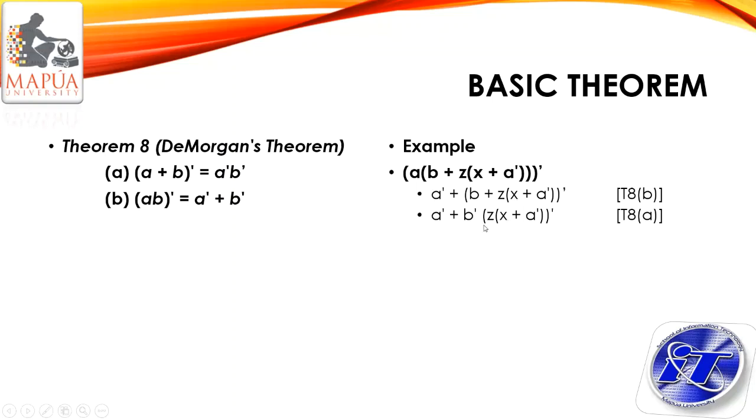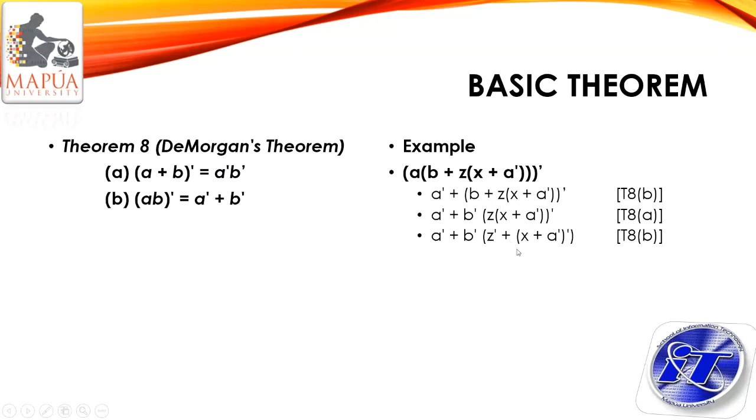And again, in case we want to implement negation here, the first variable will be C and the second variable will be X plus A'. So AND will become OR, separate negation.